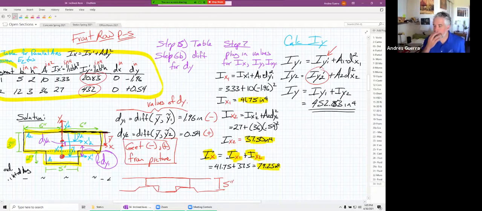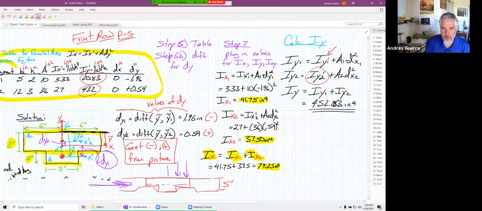Now, when they're designing those buildings, they're probably not using Iy at all. Iy would be if we had forces that were pushing on the side of the slab. Ix is for bending about that x-axis, so that's for our downward forces.